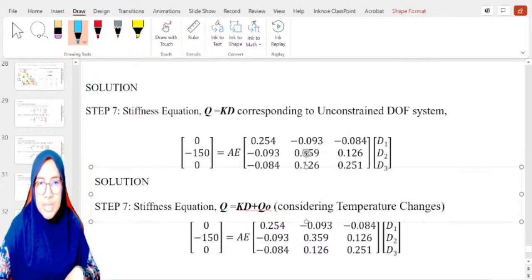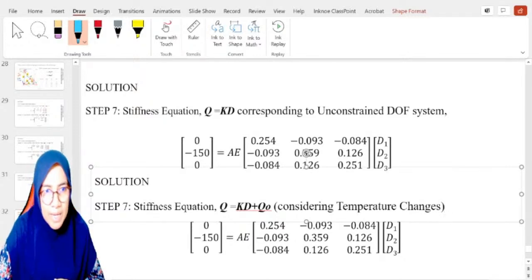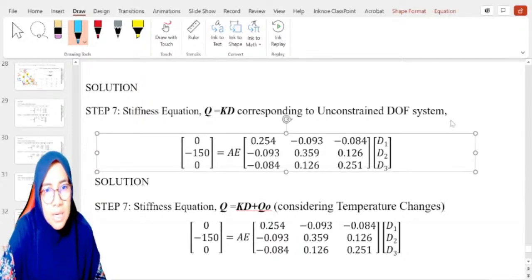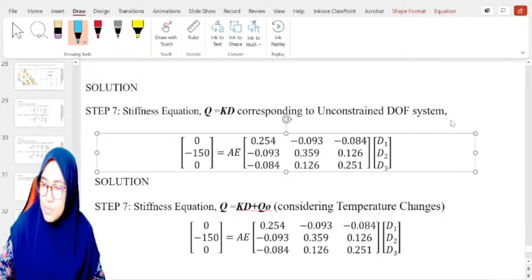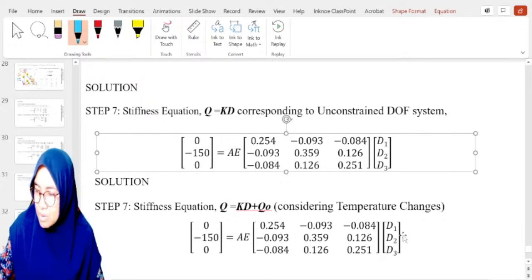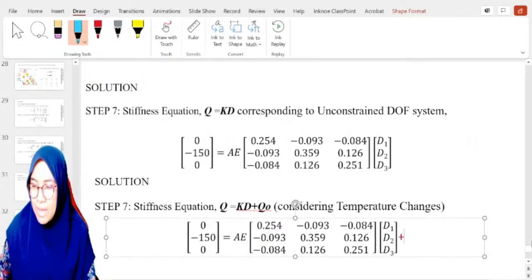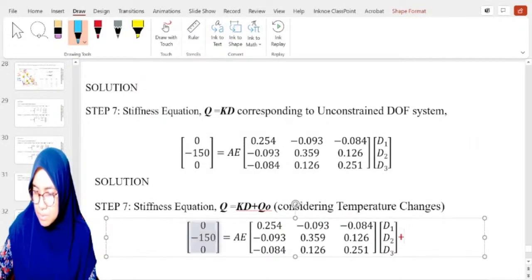The basic equation, with no temperature changes and no fabrication error, is just like this. Whenever we have this equation, we can solve for the unknown displacement using a calculator, determining D1, D2, and D3. However, if we have to consider temperature changes, we have to add Q naught, and we have to put in the value.